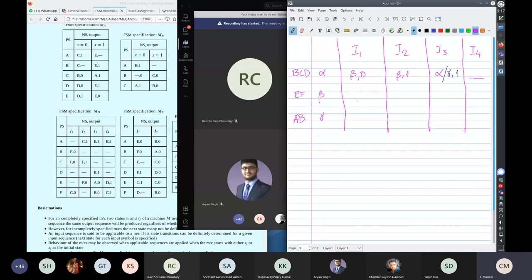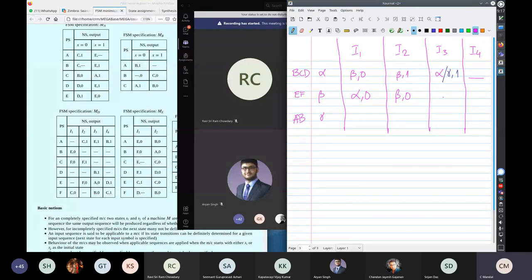So EF, that is C, which is covered only by, and the output is 0. On I2, it is F, which is beta, and the output is 0.